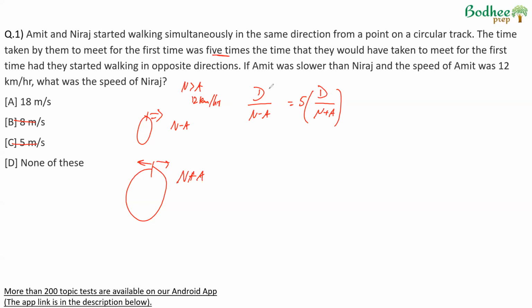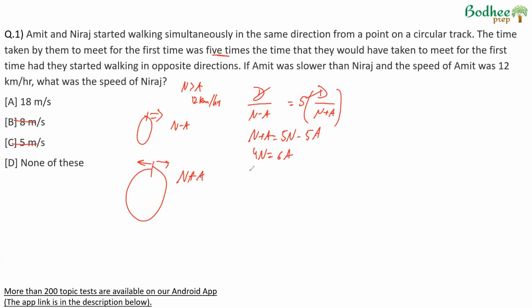So time taken to meet for the first time when they're moving in the same direction, relative speed n minus a, is 5 times the time taken to meet when they are walking in the opposite direction, where the relative speed will be n plus a. D and D cancel, cross multiply, n plus a is equal to 5n minus 5a. 4n is equal to 5 plus 1, 6a.